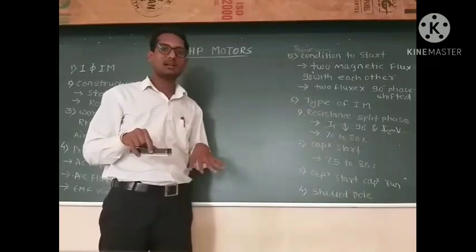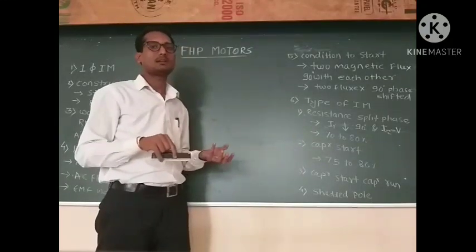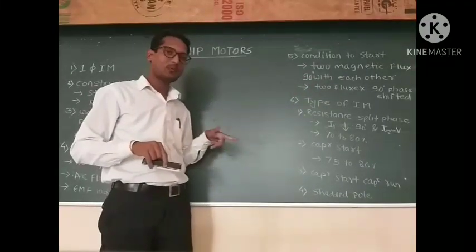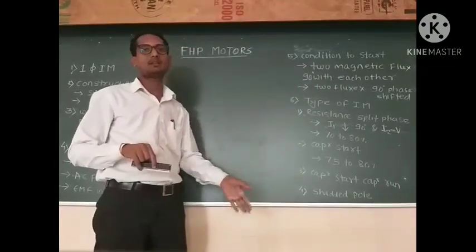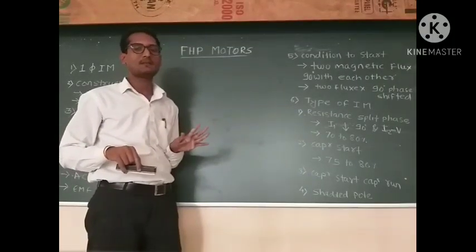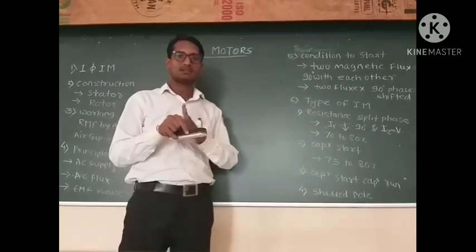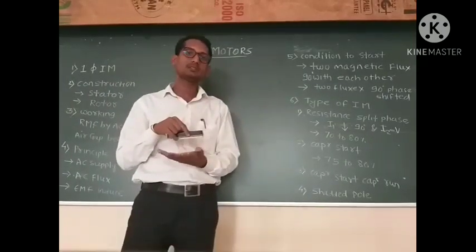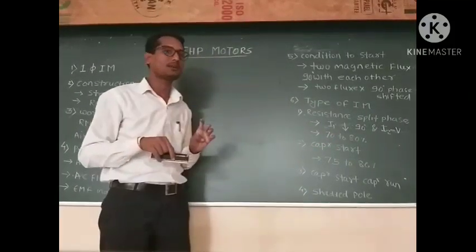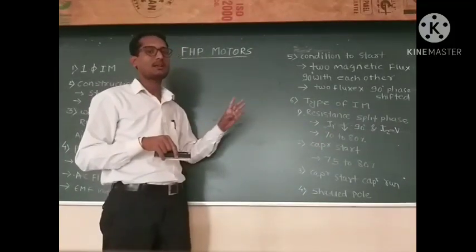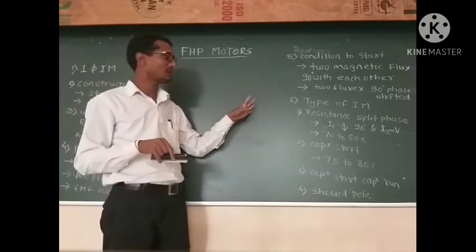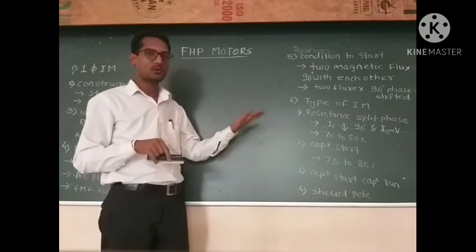If we insert a capacitor in the induction motor, the motor is capacitor start induction motor. If we place a capacitor permanently in the winding, then the motor is capacitor start capacitor run. And if we shade the stator poles, then the type is shaded pole induction motor. That means there are four types of induction motors. The classification of induction motor is divided into four types.